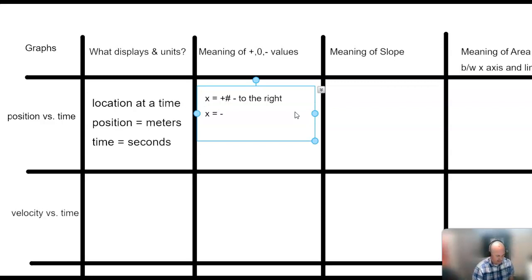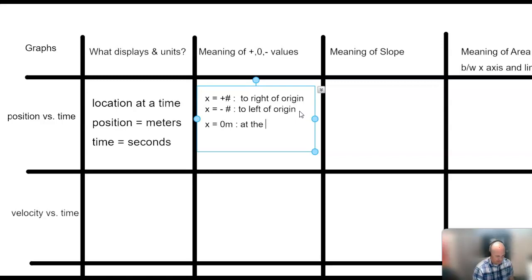If x is equal to a negative number, it's just the opposite, so you're to the left of origin. And then finally, if x is equal to 0 meters, that means you're at the origin. So you're at whatever we have established to be our origin.